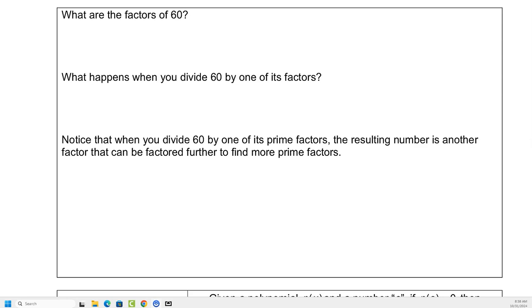And 2 and 30. I think that was the other one that you missed. So I'm going to write them down here just so that we can see them. But you guys obviously understand what a factor is. So 1 and 60, 2 and 30, 3 and 20, 4 and 15, 5 and 12, and then 6 and 10.